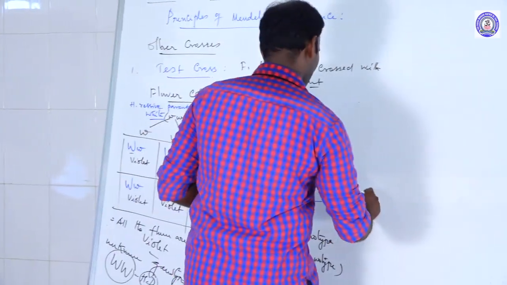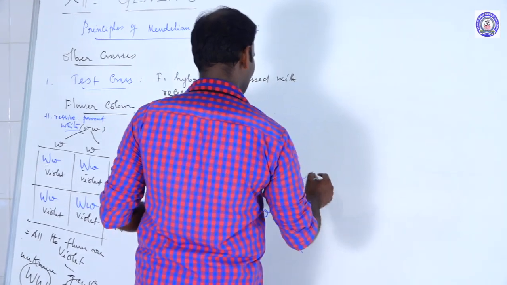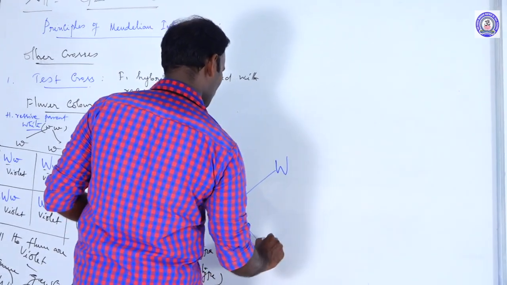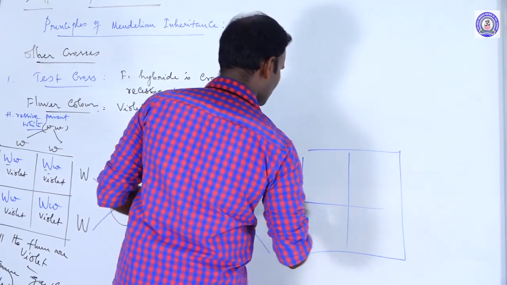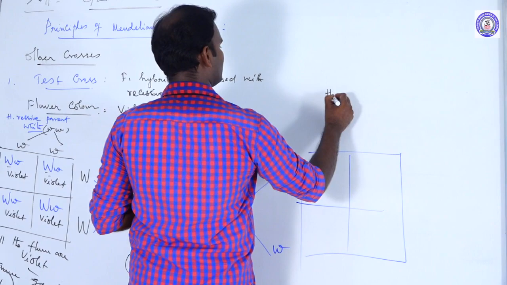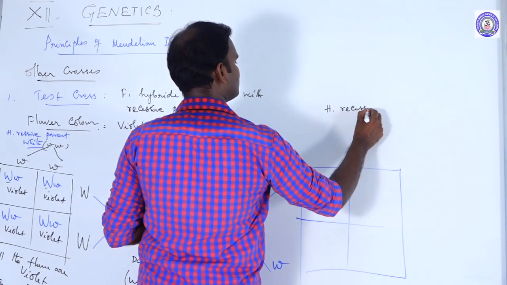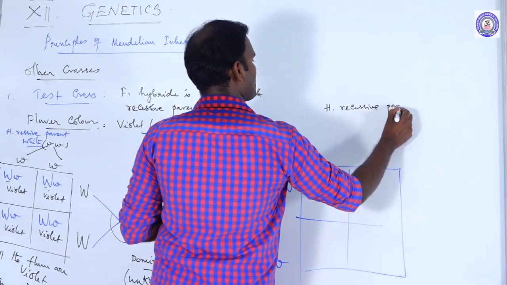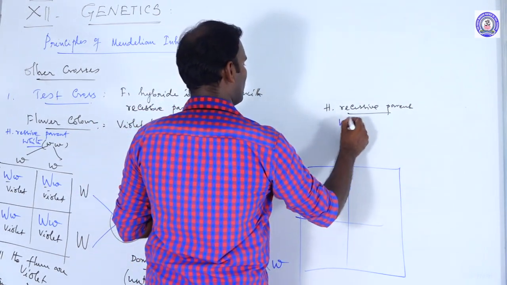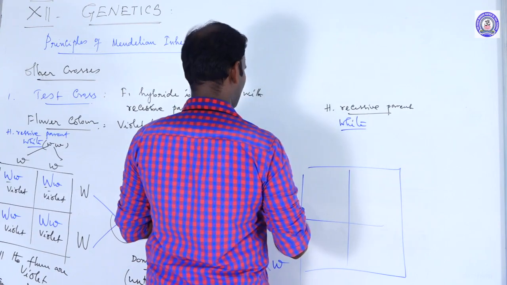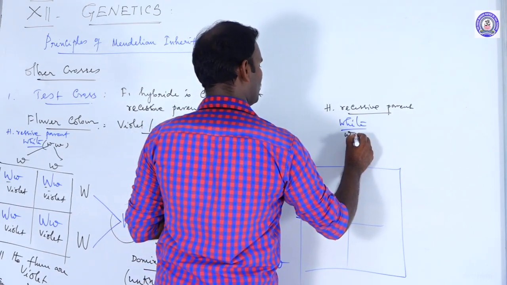Now the other case: similarly, it produces two types of gametes, capital W and small w. It is crossed with a homozygous recessive parent, the white flower, which is controlled by small w.